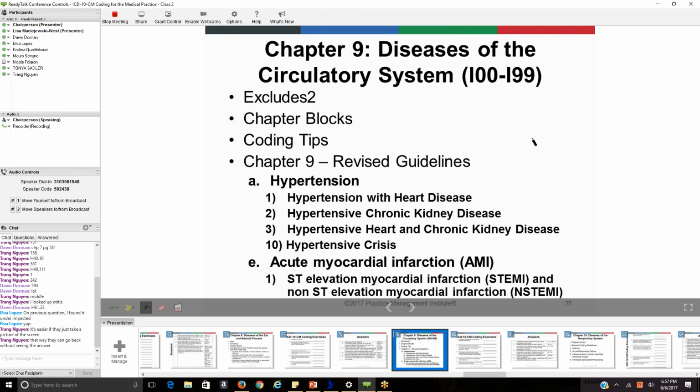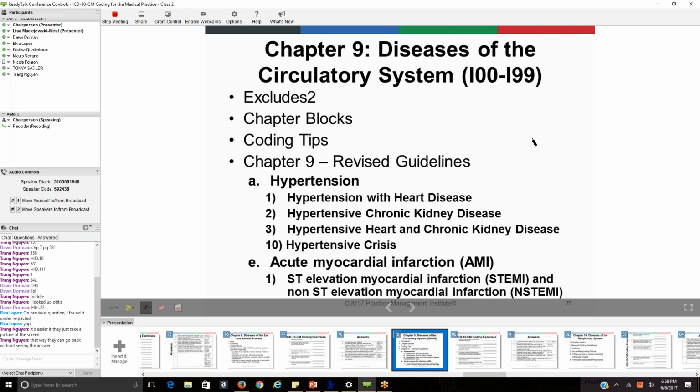The revised guidelines for Chapter 9: you have hypertension in and of itself, which is benign essential hypertension, I10. It's a 3-digit code. But if you have hypertension with heart disease, with chronic kidney disease, or with hypertensive heart and chronic kidney disease, or hypertensive crisis, you have got to know how to sequence those codes.